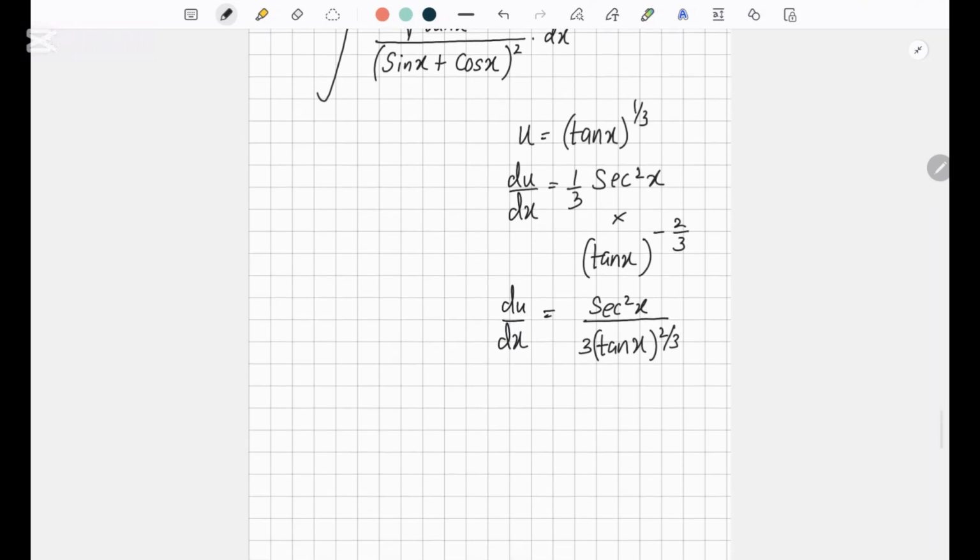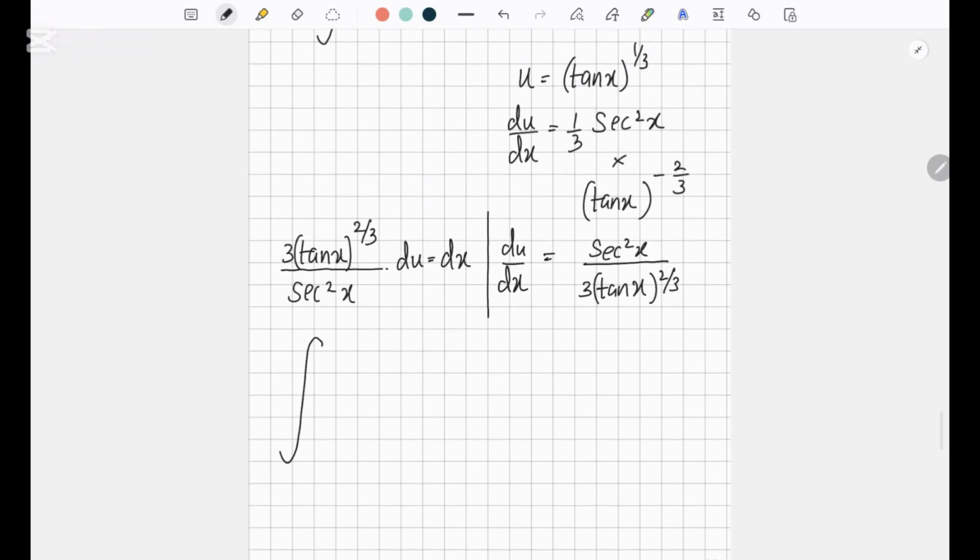Now I can write 3 tan x to the power 2 over 3 over sec squared x dot du equals dx. Now this is the substitution you go, right? Let's go back into your question.